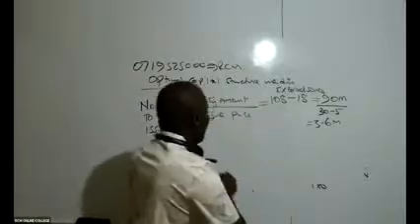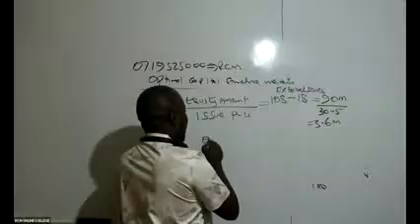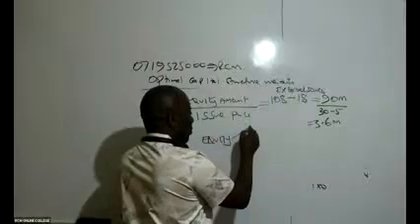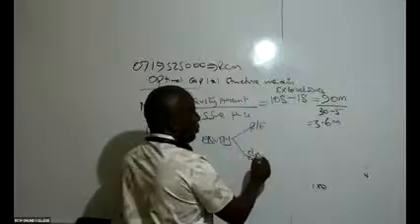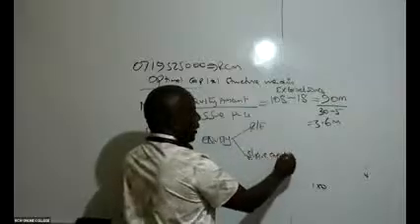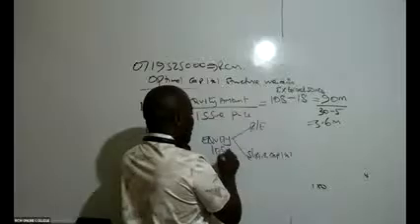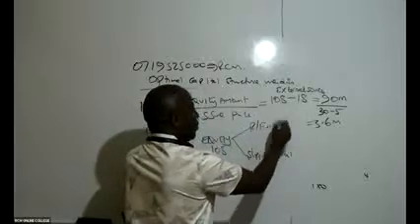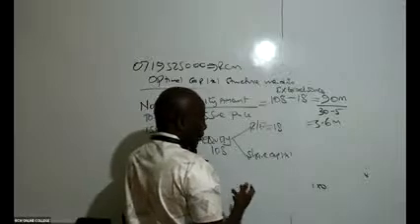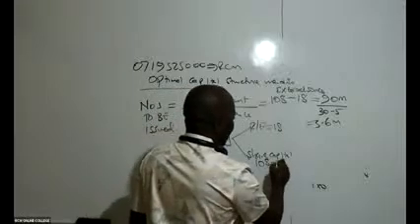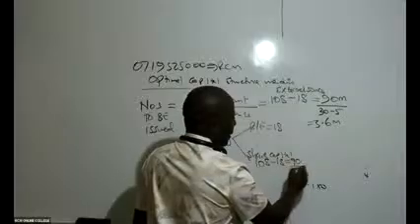But normally equity has two components: retained earnings and share capital. The total equity is 108, and retained earnings will be 18. So how much do we expect to get from share capital? It will be 108 minus 18, which gives me 90.